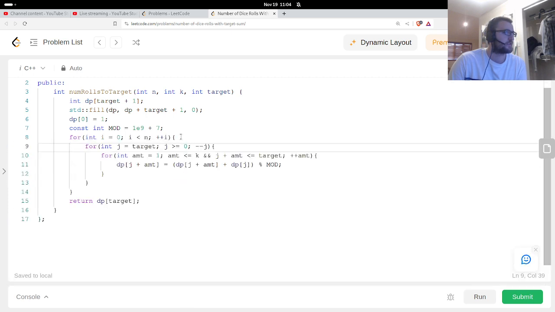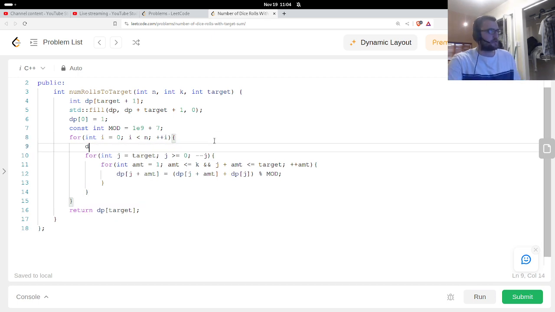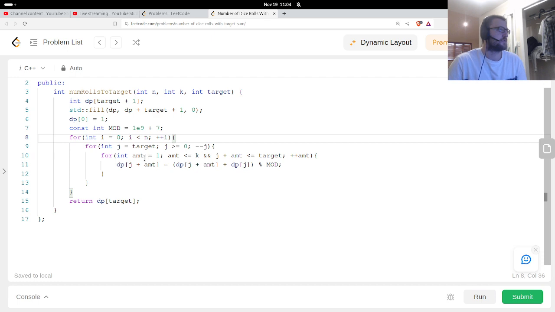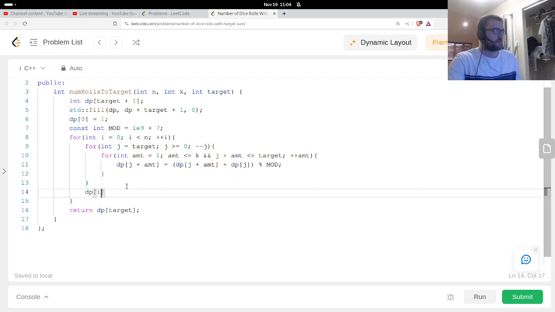I think after each iteration, I think I set dp of I equal to 0. That won't work. Something like this?